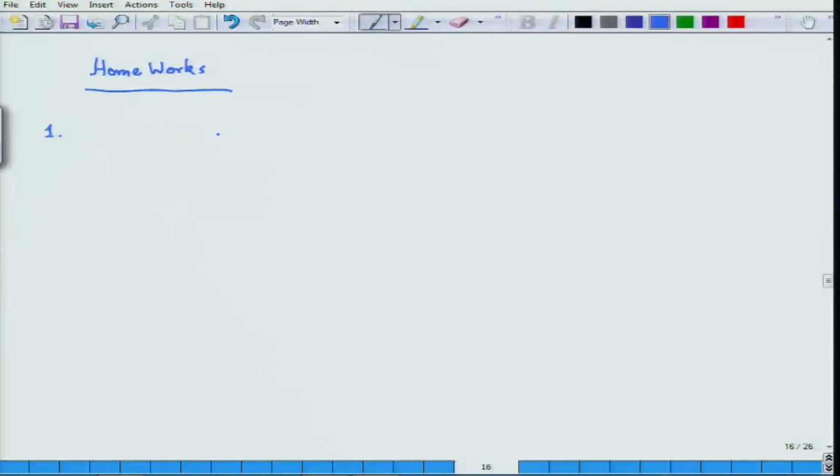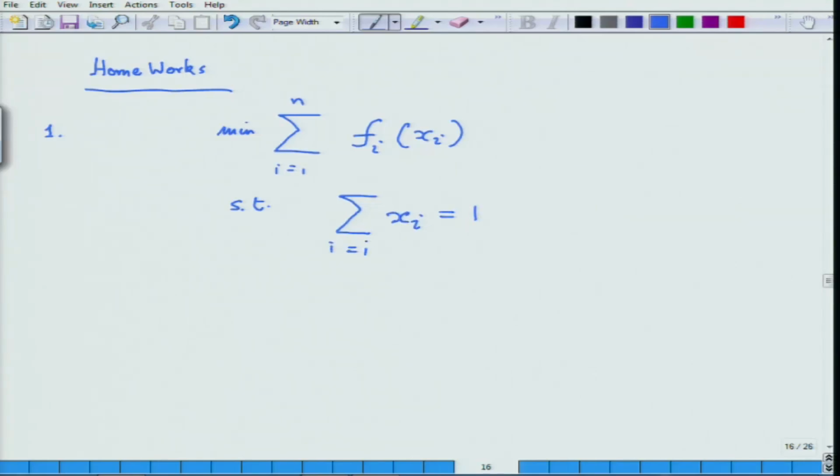So, let us look at our first homework, which says x is in R^n and each x_i is in R, such that... This is called separable programming. The full function can be written as a sum of some other functions.